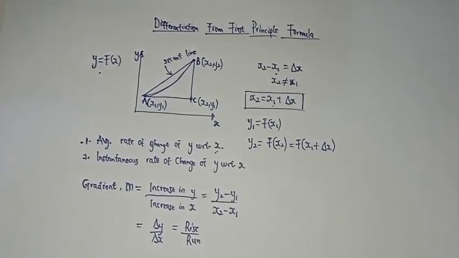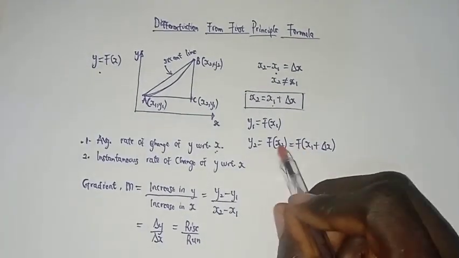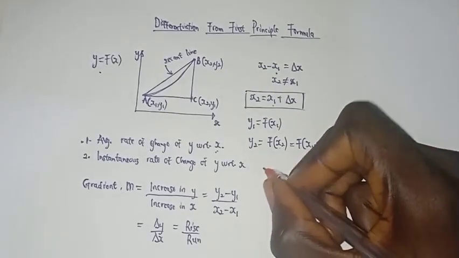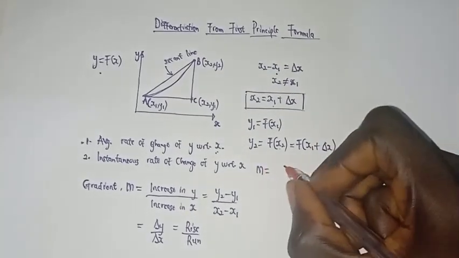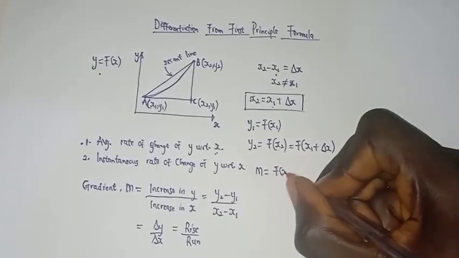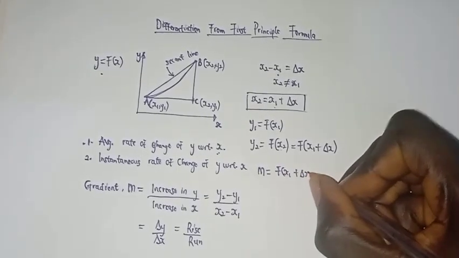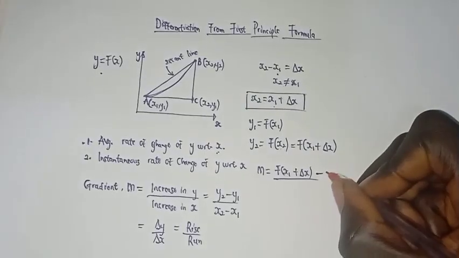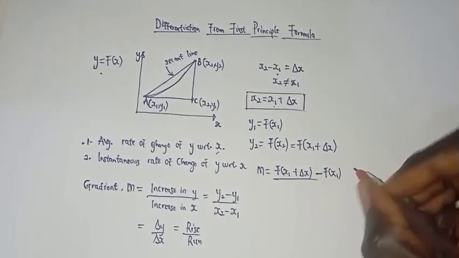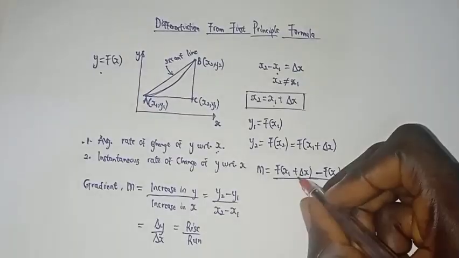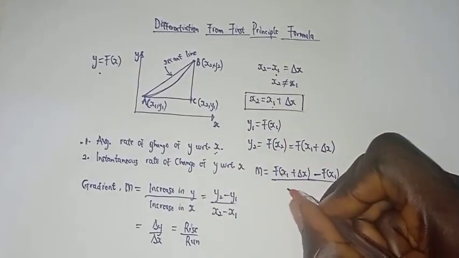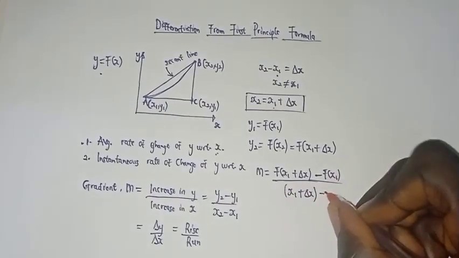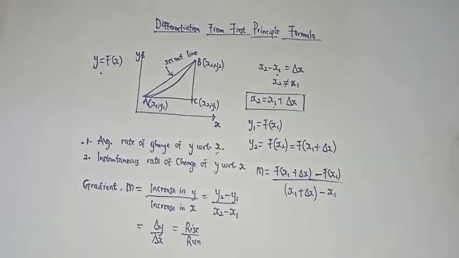Now substituting each of these into this equation, we have m is equal to y2, which is f of x1 plus delta x, minus f of x1, which is y1, all over x2, which is x1 plus delta x, minus x1.